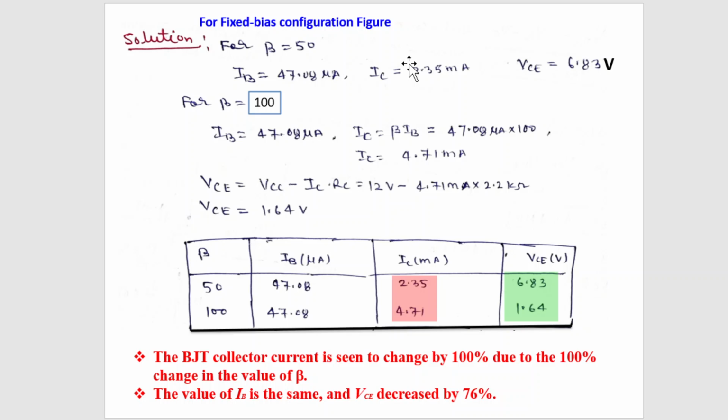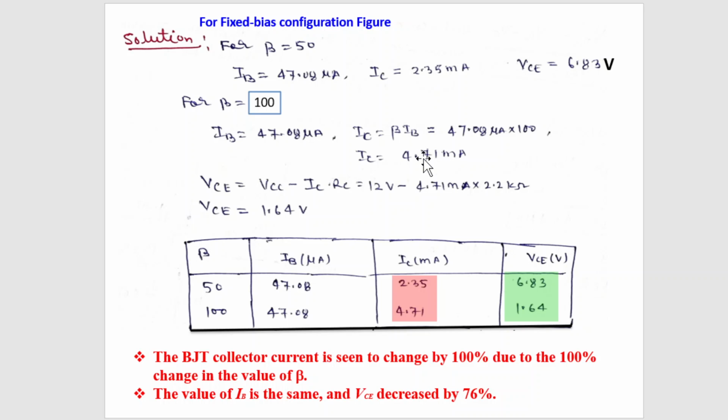But IC is equal to beta into IB. Here beta was 50, now beta is 100. So if you calculate IC equal to beta into IB, that will give IC equal to 47.08 microampere multiplied by 100, that is 4.71 milliampere. Here IC was 2.35, now IC is 4.71 milliampere.